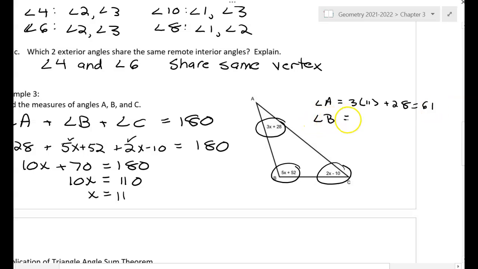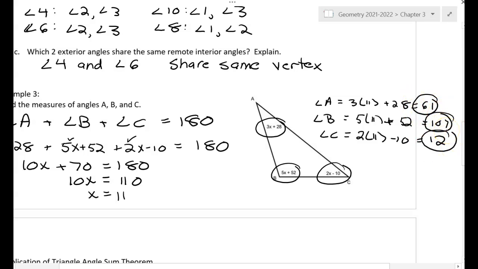Angle B is going to be 5 times 11 plus 52, so I get 55 plus 52, or 107. Angle C, now for angle C, you can either plug in still, or you can just subtract them all from 180. I'm just going to go ahead and plug in, it seems just as easy. So 2 times 11 minus 10 gives me 22 minus 10, so I get 12. So we have 61, 107, and 12.